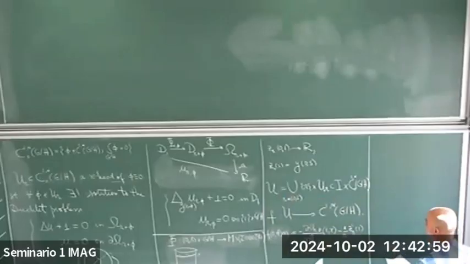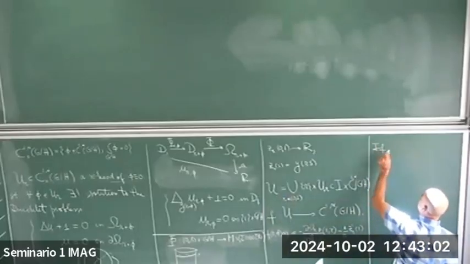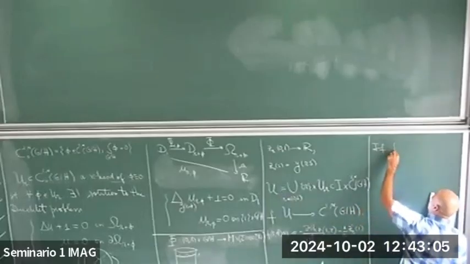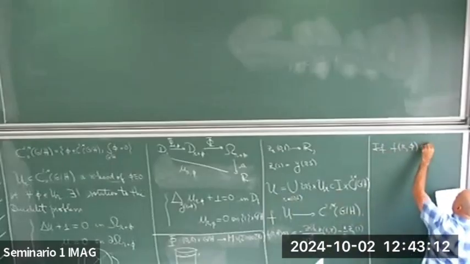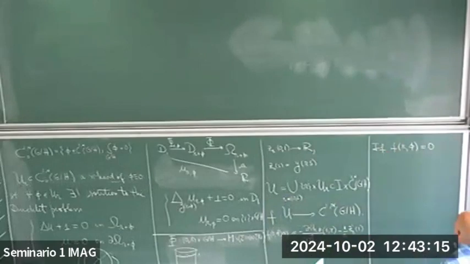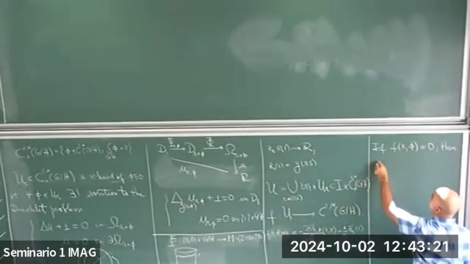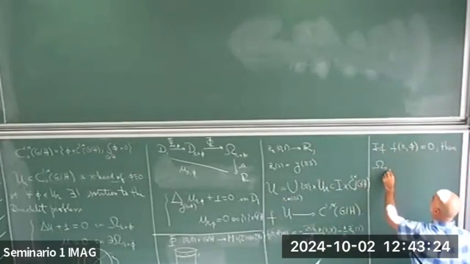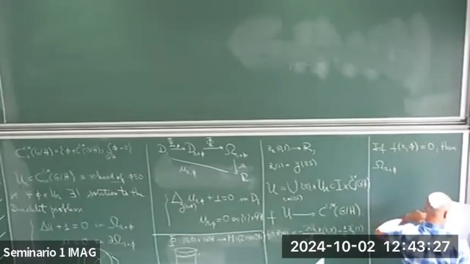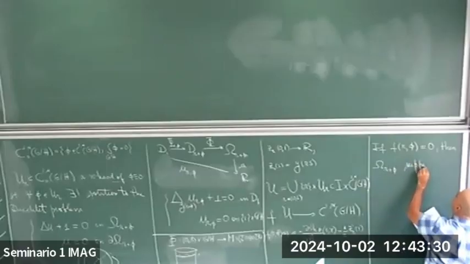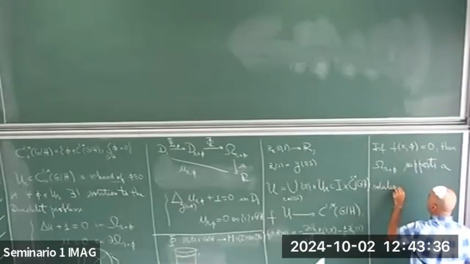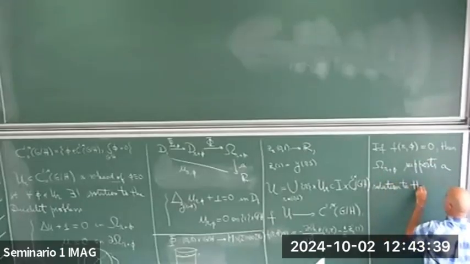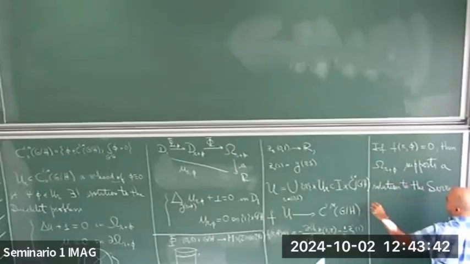So the point is if we have a zero of this operator, this function, then the corresponding domain supports a solution to the Serrin problem.